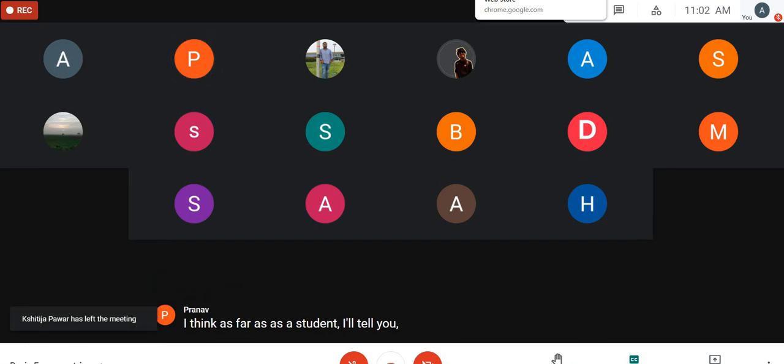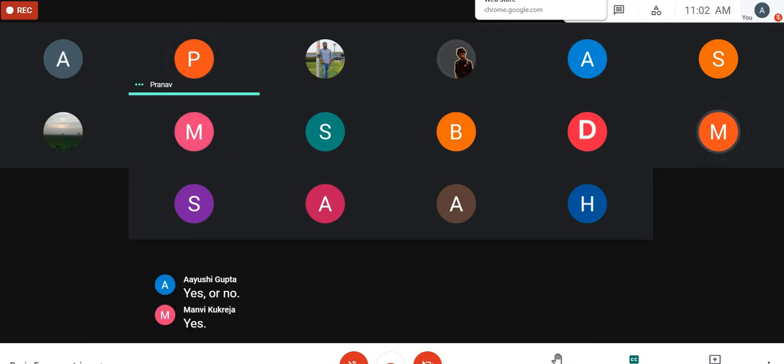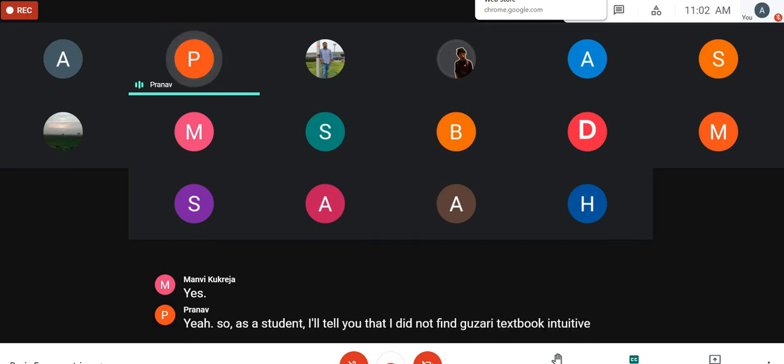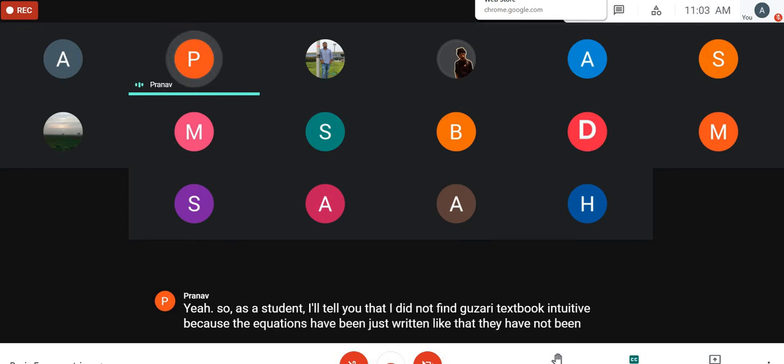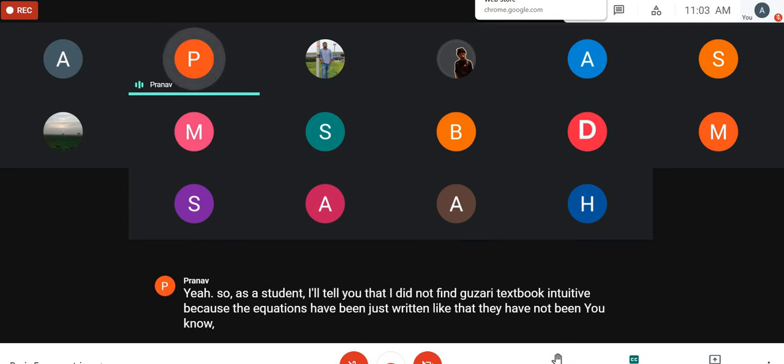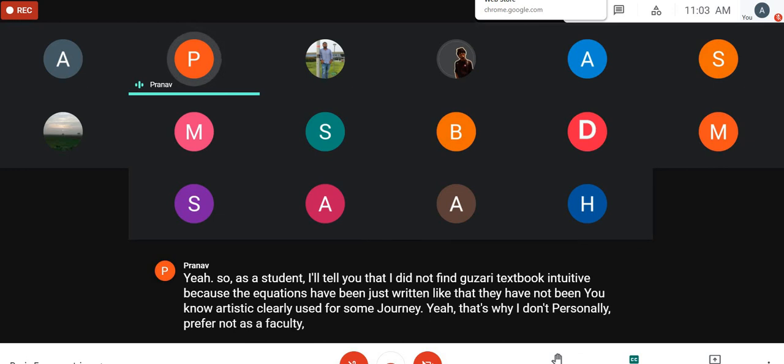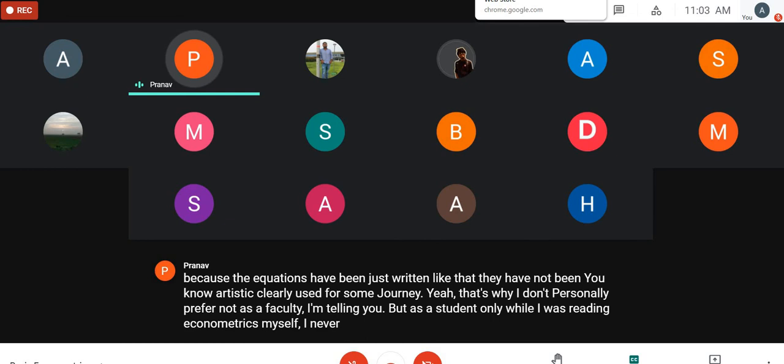As a student, I'll tell you that I did not find the Gujarati textbook intuitive because the equations have just been written like that, and not clearly explained. That's why I don't personally prefer it, not as a faculty but as a student. While I was reading econometrics myself, I never found the Gujarati textbook very intuitive for learning.